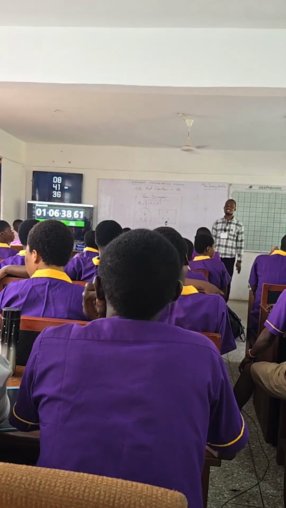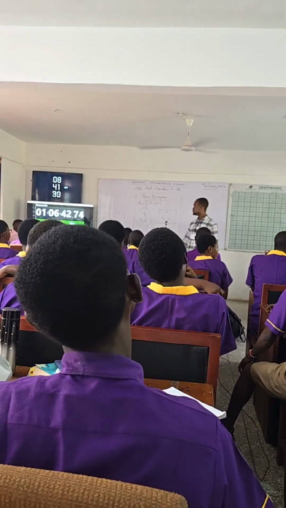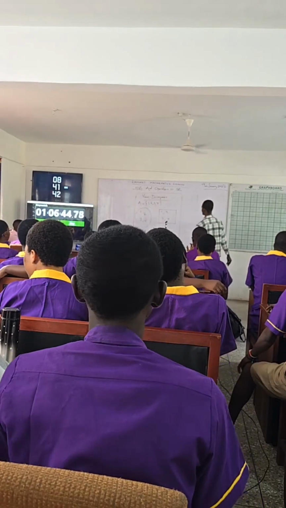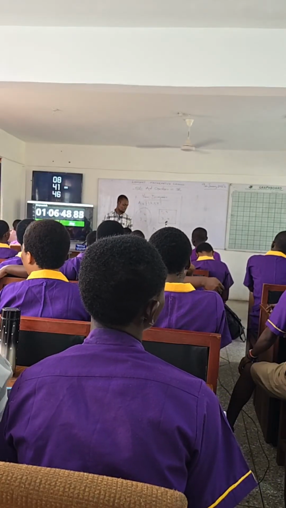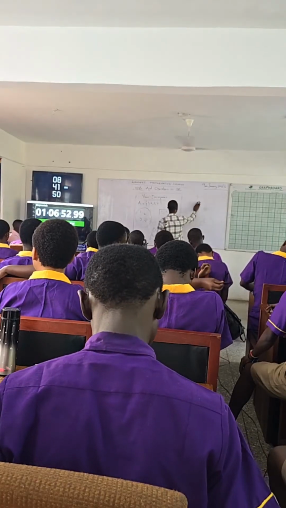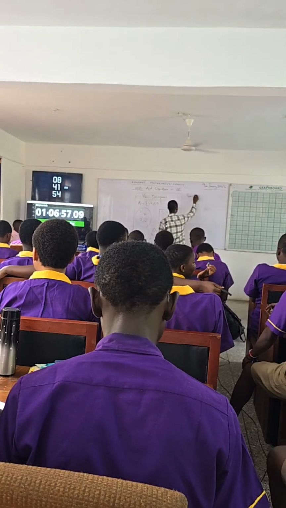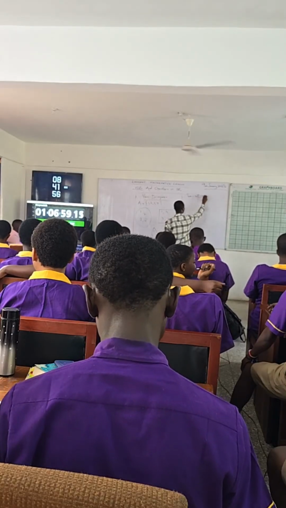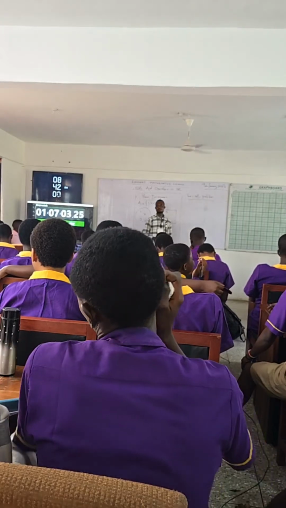But we're going to stick to one of them, using circles to present Venn diagrams. So we're going to look at how we can present Venn diagrams. We are going to start with the two-set problem.